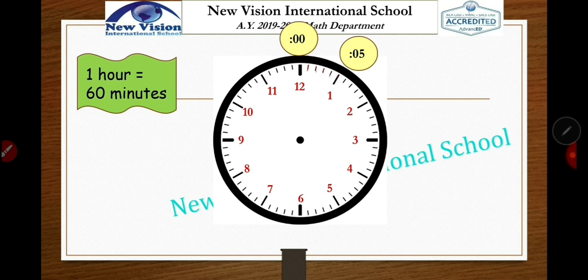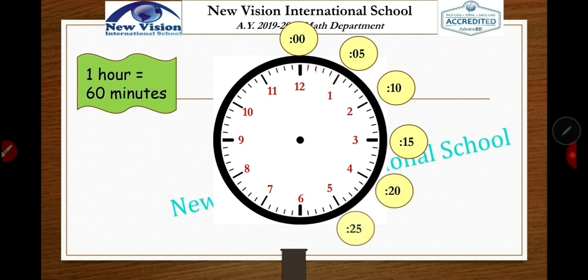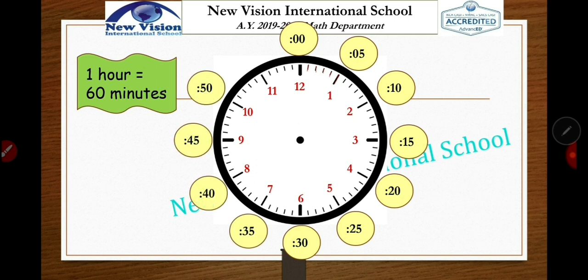Every after the number, we can get 5 minutes from that. So just simply skip count by 5. So 5 for 2, it's 10, and then for 3, 15. After 15 is 20, 25, 30, 35, 40, 45, 50, 55.